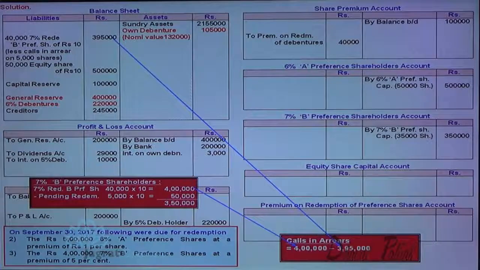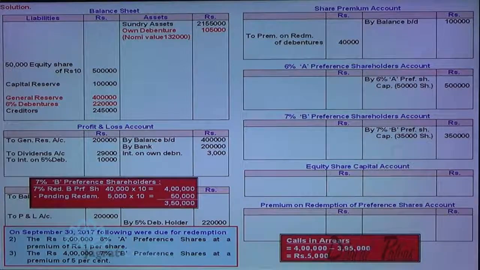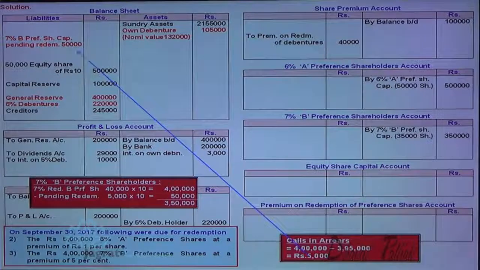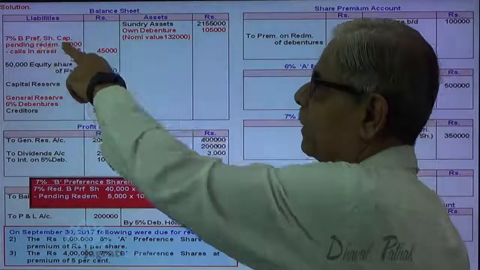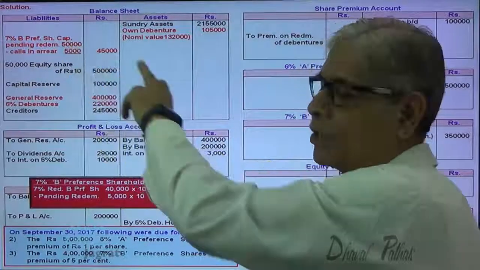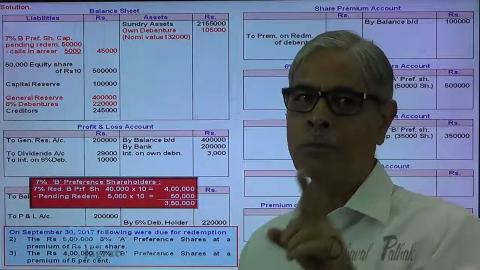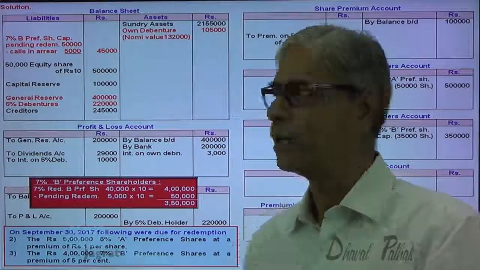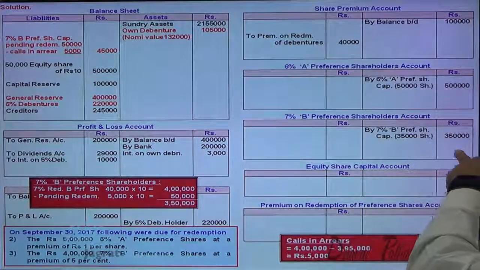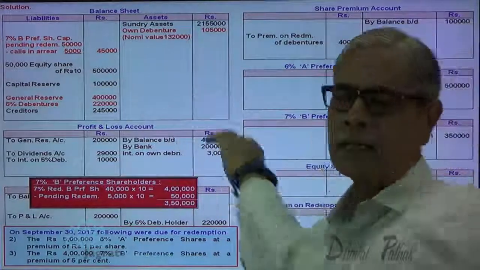So remember it: 3,50,000 is transferred to preference shareholders account. 4 lakh minus 3,95,000, so the amount in arrears was 5,000. But the face value of this preference share is 50,000 and calls in arrears is 5,000. So in the balance sheet I will write 7% B preference shares subject to redemption on payment of calls in arrears, 45,000.